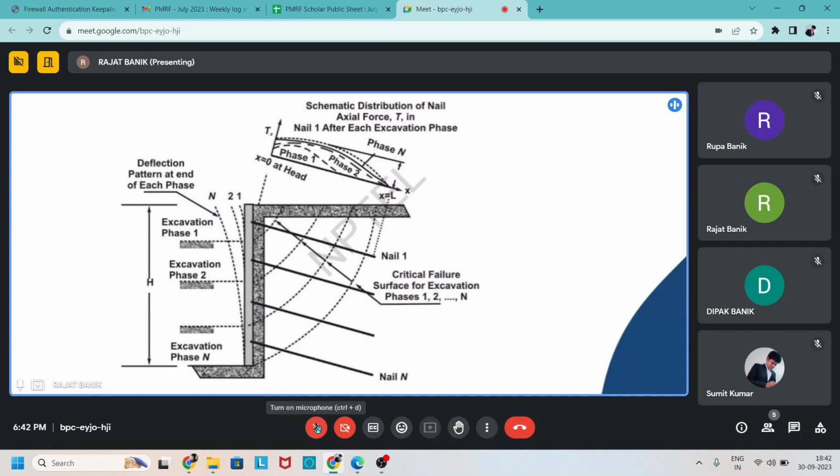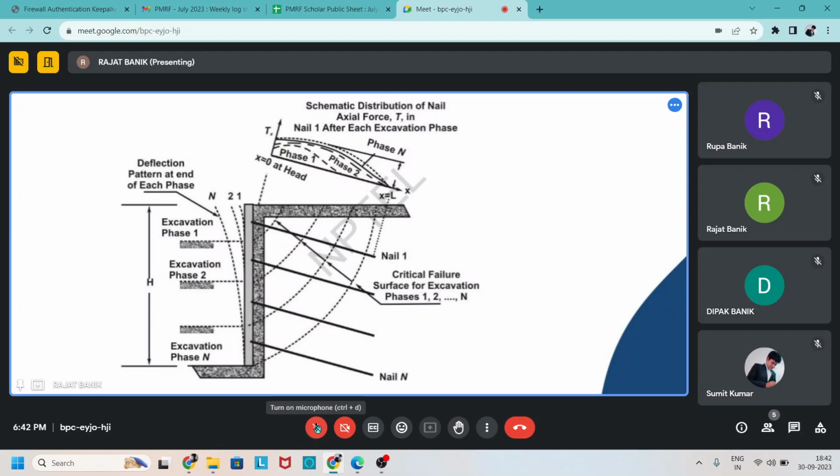Here the deflection pattern is also given. You can see in the left corner the deflection pattern at the end of each phase. When we apply nail number n, the possible deformation of the wall can be seen in the figure.